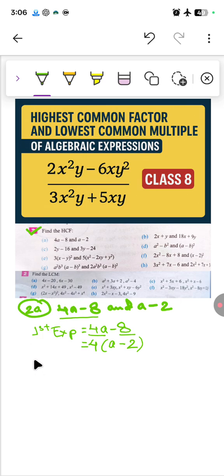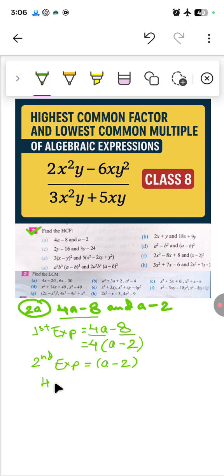Similarly, let us solve the second expression. In the second expression, what do we see? We have a minus 2. That cannot be factorized. So we can put a bracket sign and make a minus 2 as a factor of a minus 2. 1 will be there always as a factor.